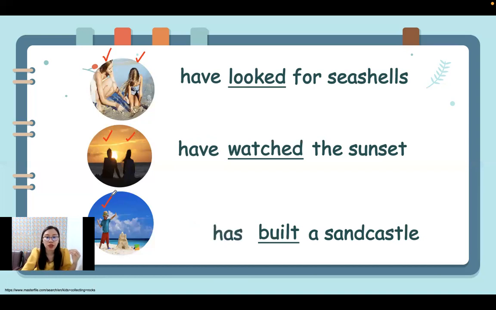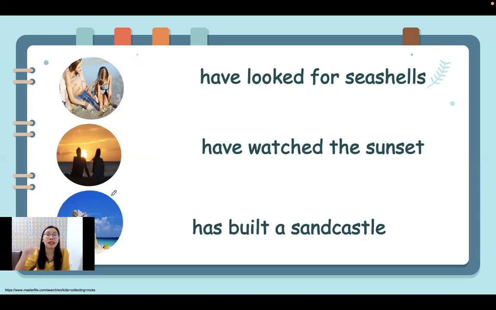All right, so let's transform these phrases into a sentence. Now we will add our subject, the very common subjects like he, she, they, I, you, it. Look here, we have one and two.